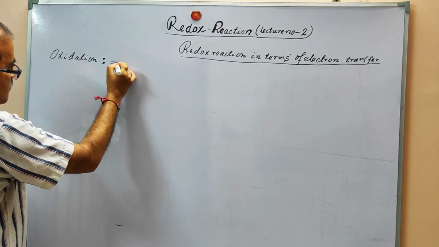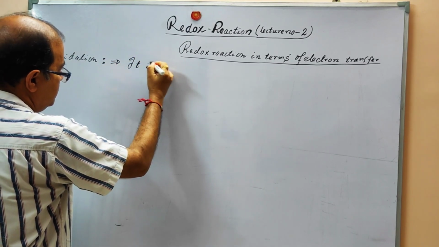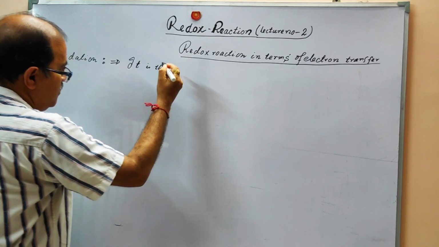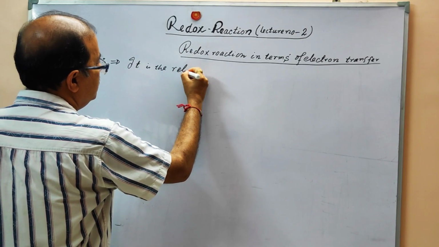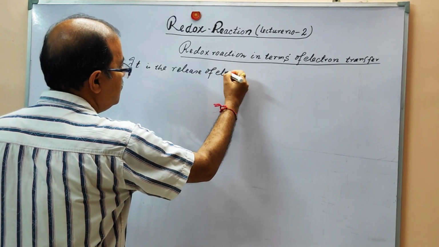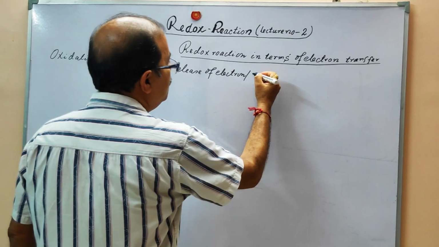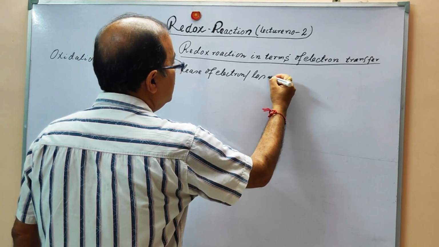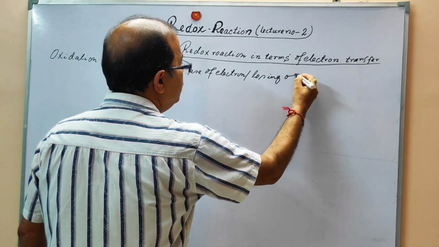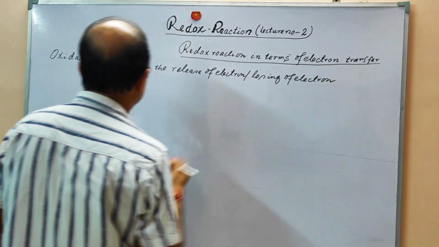So we can write this in a different way. Oxidation is the release of electrons, or we can say the losing of electrons. This is called the oxidation process.